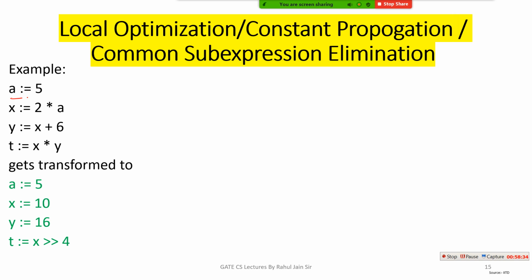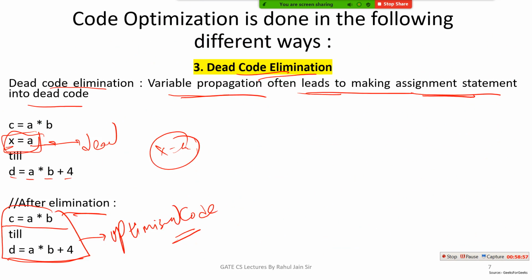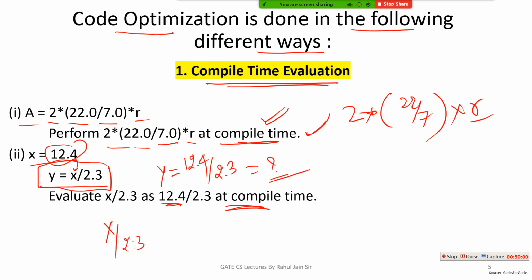How? The value of a is 5. We can directly substitute the value of a here, because we can do it at compile time execution. So I can directly write a equals to 5 here, because in compile time evaluation we can directly put values.